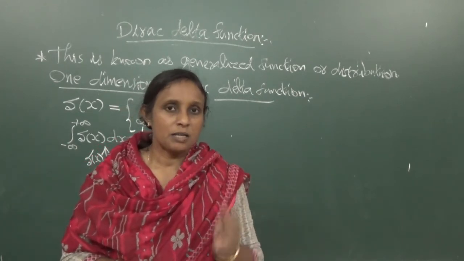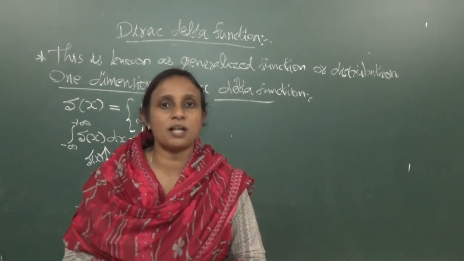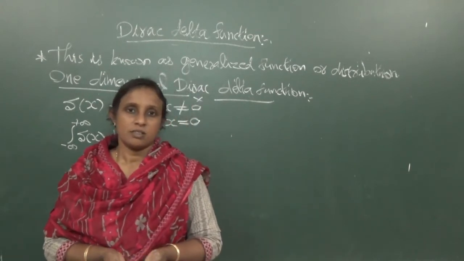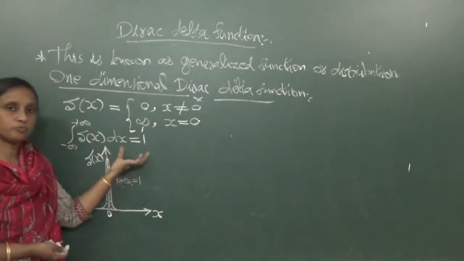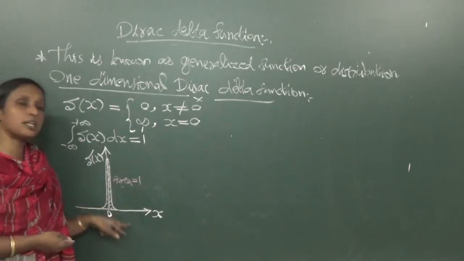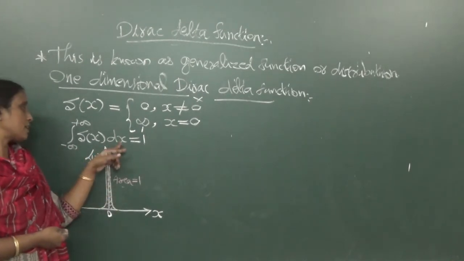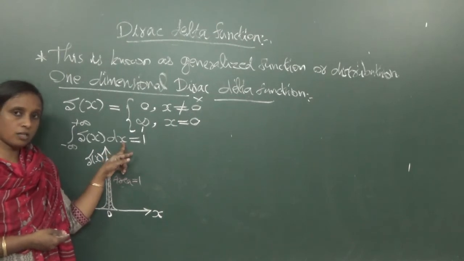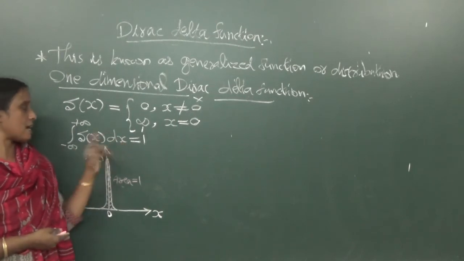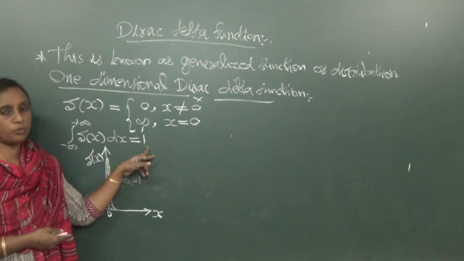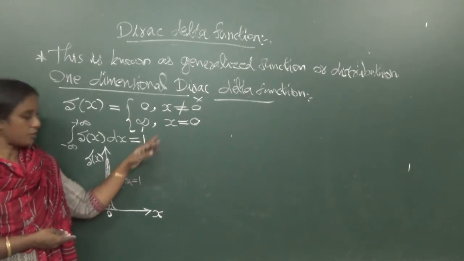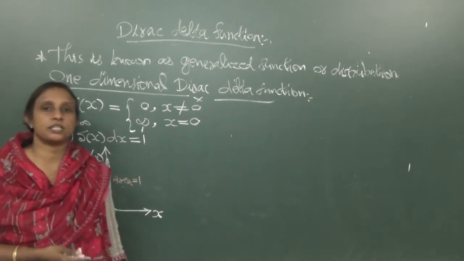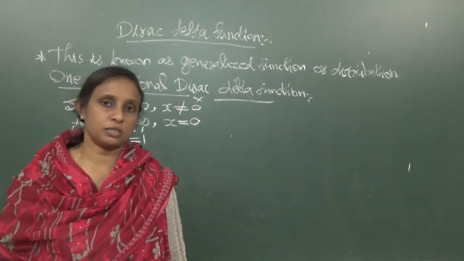That means a point particle always has a definite mass. That is what happens here also. This is a one-dimensional function, so this integral is over only one variable, and the area under this curve is 1, unity. This is called the one-dimensional Dirac delta function.